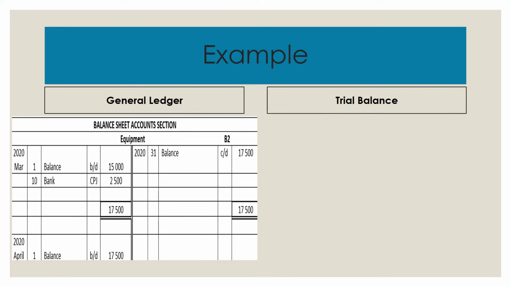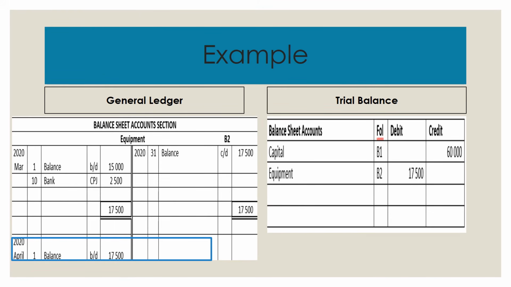That balance carried down, we bring down on the 1st of April 2020 on the debit side. We take that balance on the debit side and put it into our trial balance on the debit side. So now we have equipment on the debit side of our trial balance, and our reference is B2.